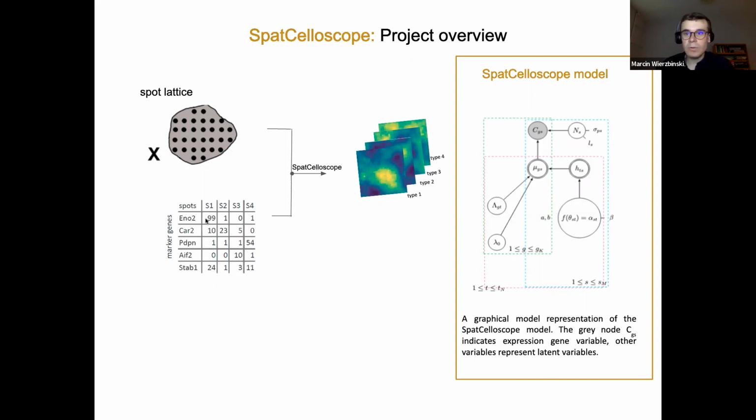matrix with information about the expression of specific genes within these places, and infers the information about the cell type decomposition within those spots.